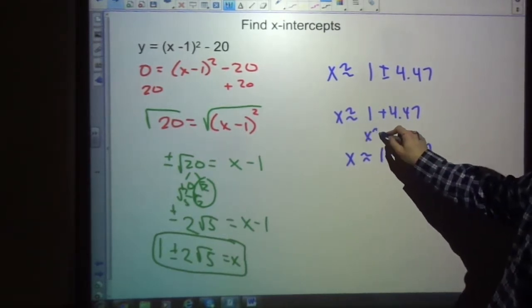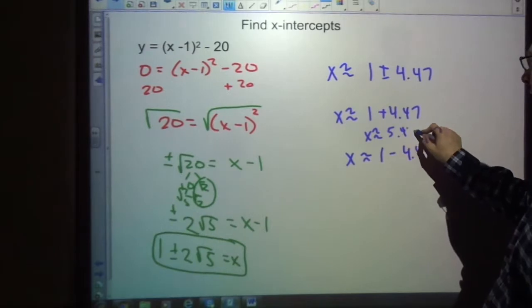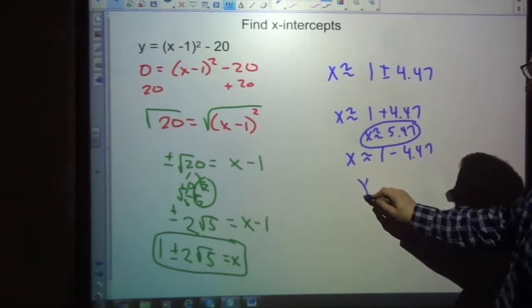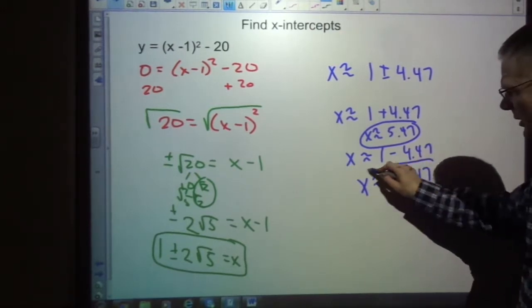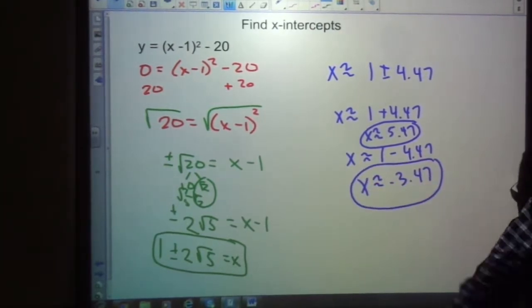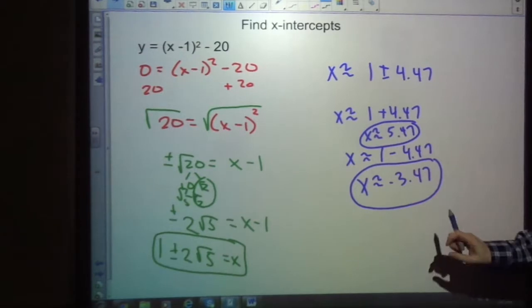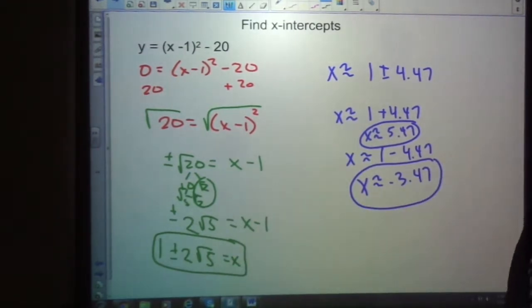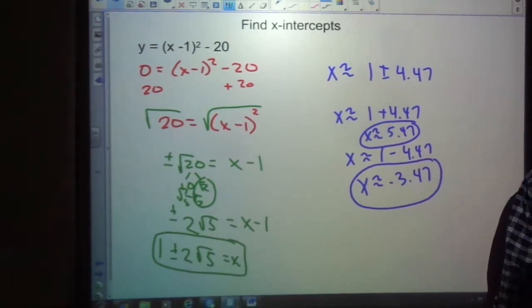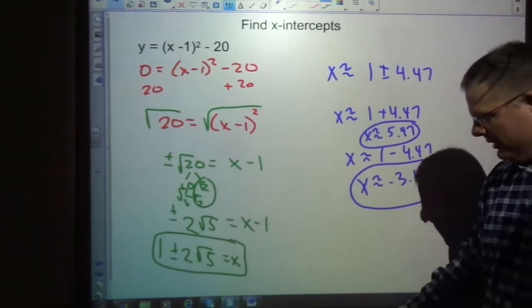So this one would be 5.47, and this one would be negative 3.47. Those are my two approximate answers. This is my exact answer. Usually you're going to be asked for all of it. Okay? Am I going too fast?